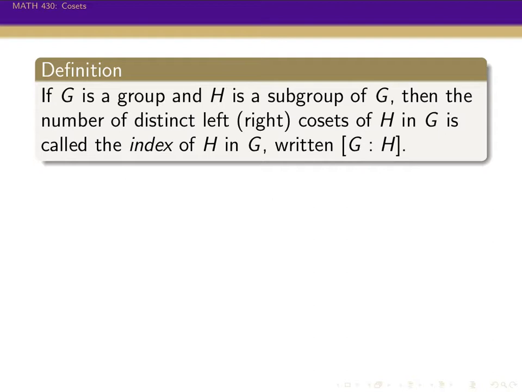Okay. And this number of distinct cosets needed has a special name. It's called the index. The index of H in G is written with brackets G colon H.